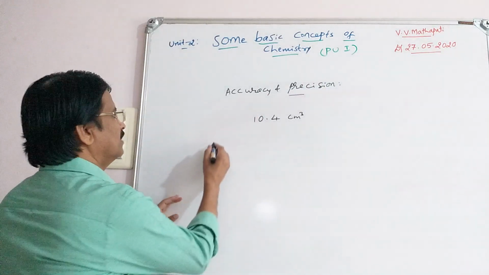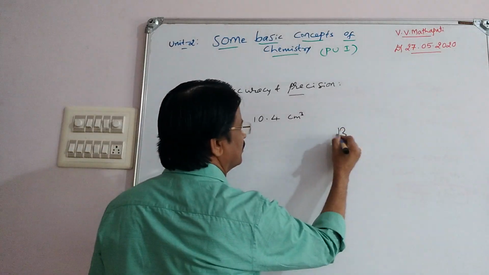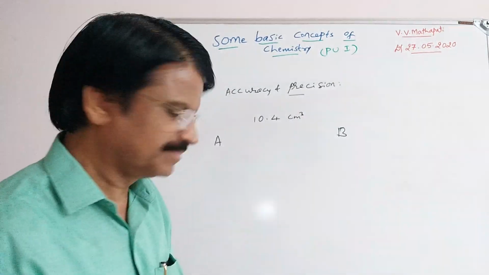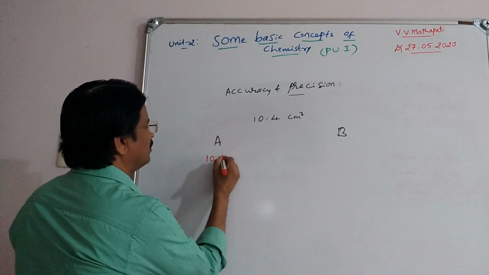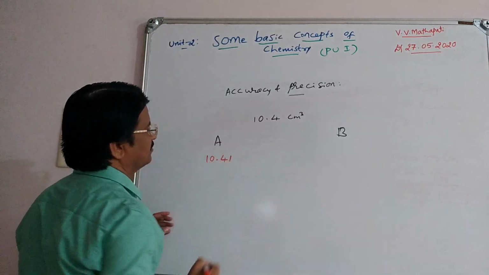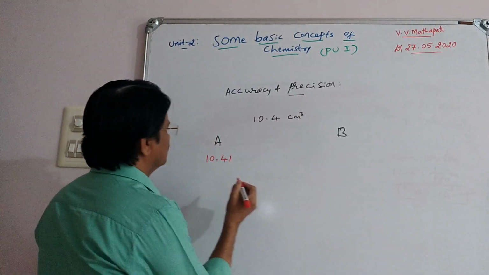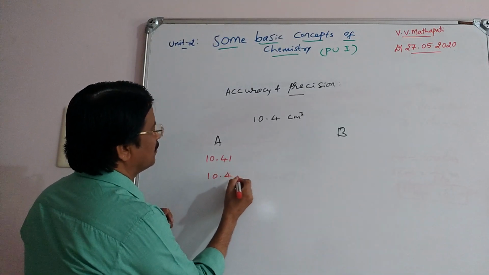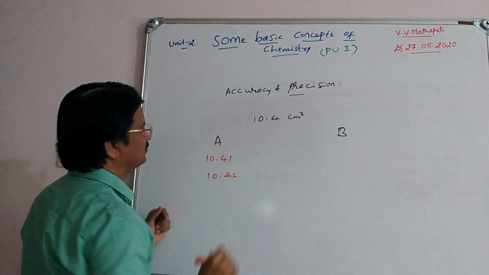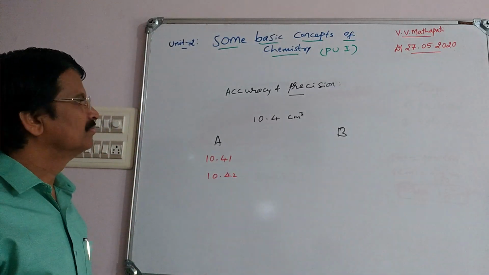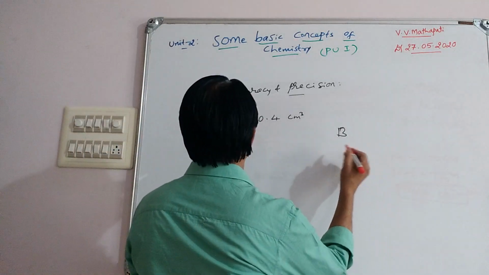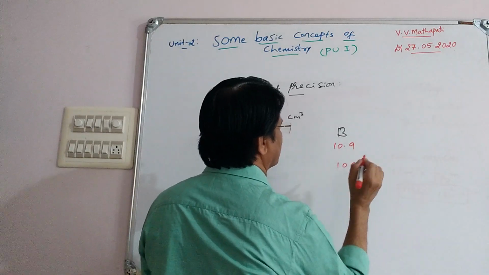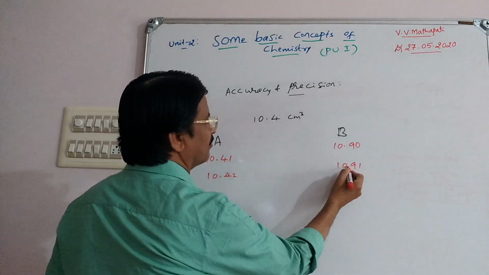Then the values found by two students, A and B. Student A got 10.41 and the second value 10.42. The other student got 10.9 and 10.91.